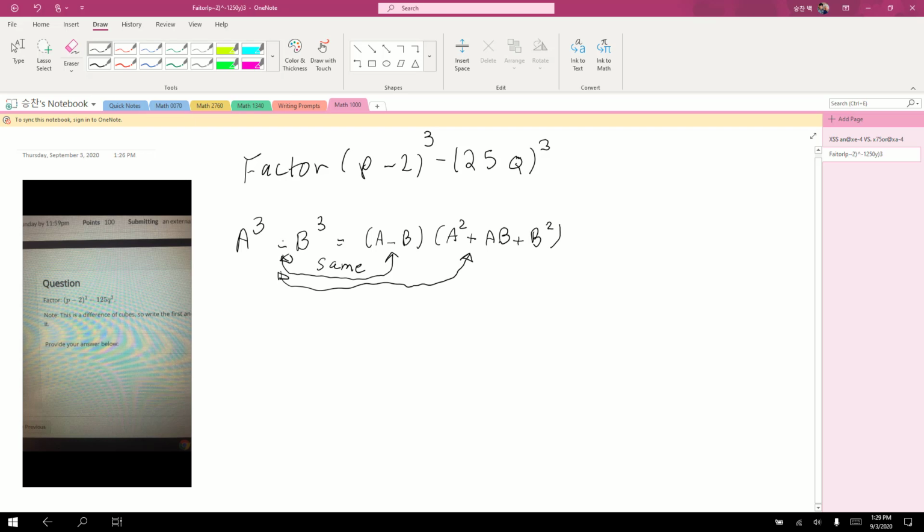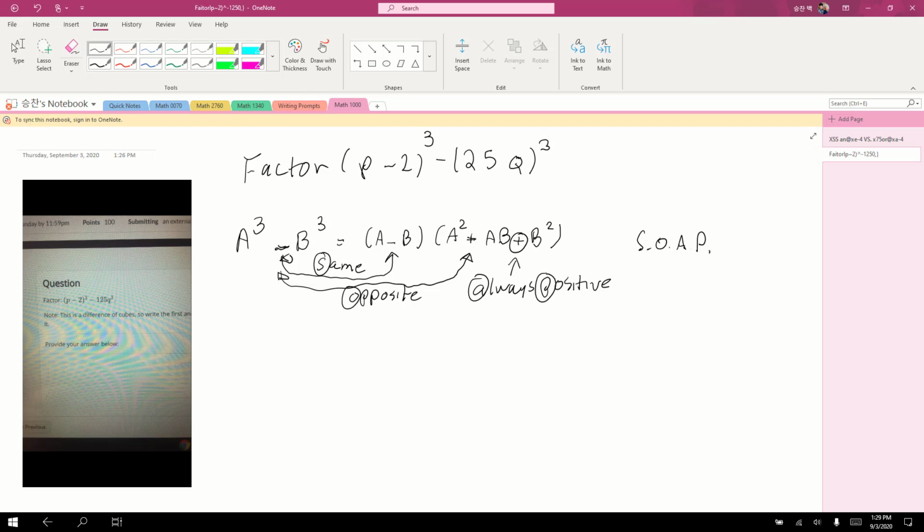So this one was negative and this one was positive, so this will be opposite. And then this sign at the end will always be positive. So a lot of times people remember SOAP to remember the format for factoring the sum or the difference of two perfect cubes.